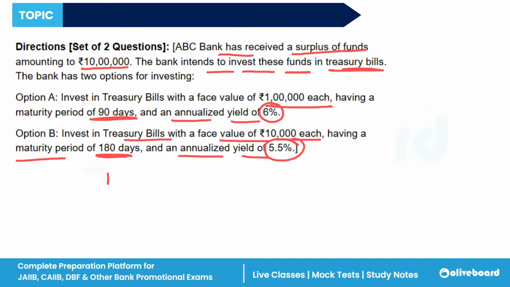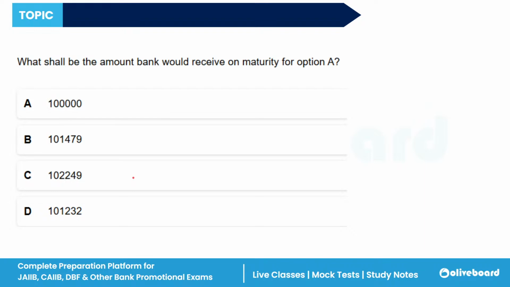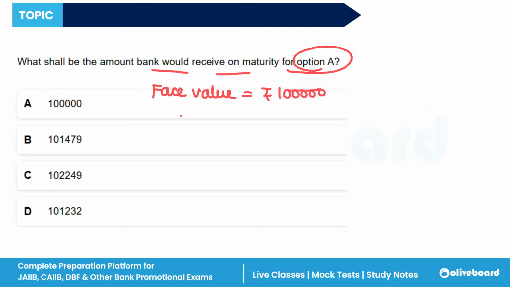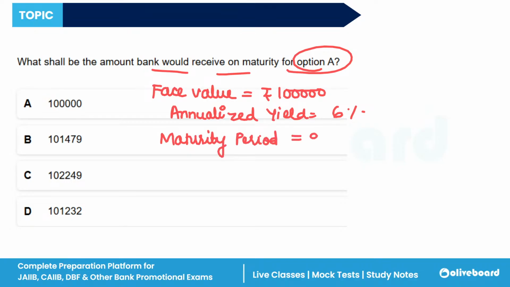Here for option A, they are asking what shall be the maturity amount received. See, face value of each treasury bill is rupees 1 lakh, right? Annualized yield is 6%. Maturity period is 90 days, which is given in the question.